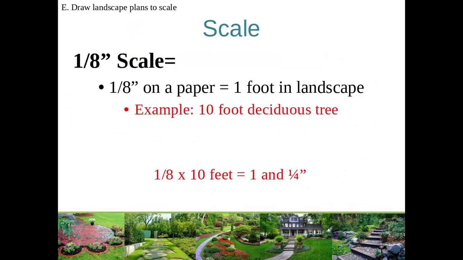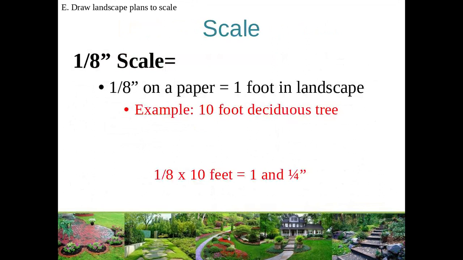An important thing is scale. Now I'm just going to ask you guys to do your best. If you want to go and do perfectly to scale, that's fine. Typically, in a landscape design, we do 1/8 scale. So 1/8 of an inch on the paper equals 1 foot in the real world.